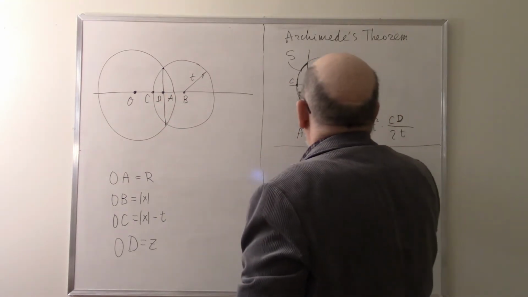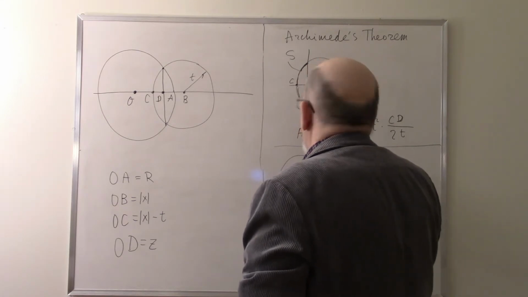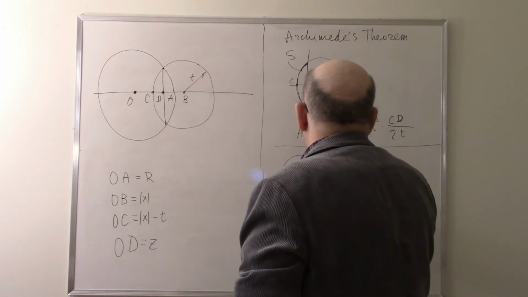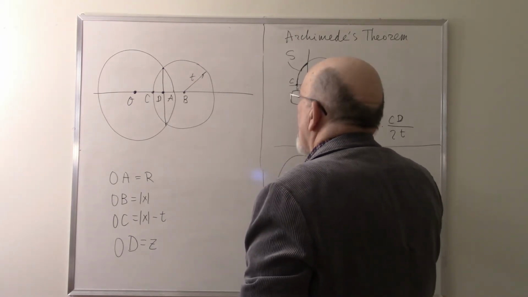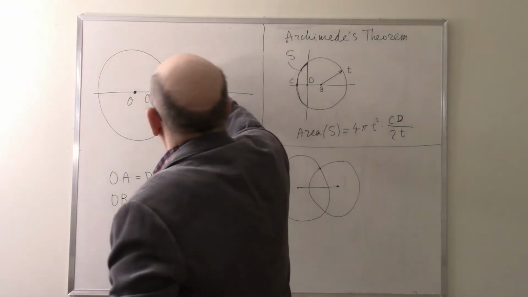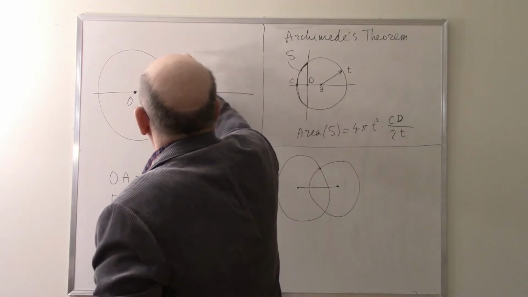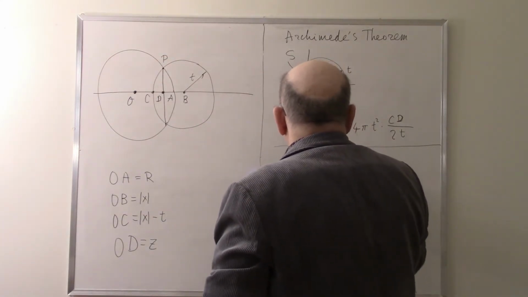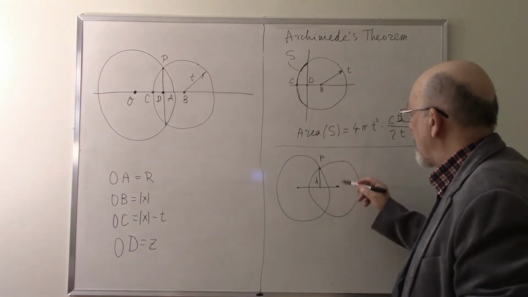Now let us do it again. We have these two spheres. Let us denote this point A, B, C, D, say P. Let us draw this segment H, it's perpendicular.